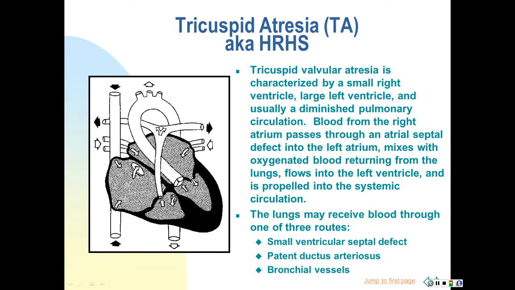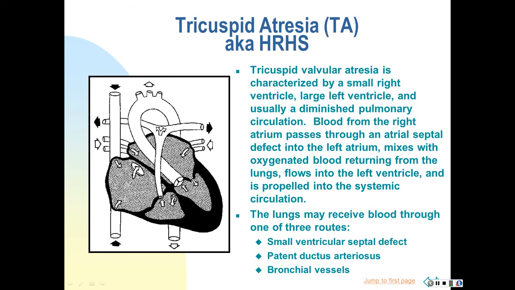So either way you look at it, an expression that we use frequently in the land of congenital heart defects is the phrase, no flow, no grow. So if we have in utero a defect where the blood can't get from the right atrium to the right ventricle, what's going to end up happening? Our right ventricle is going to be very small.